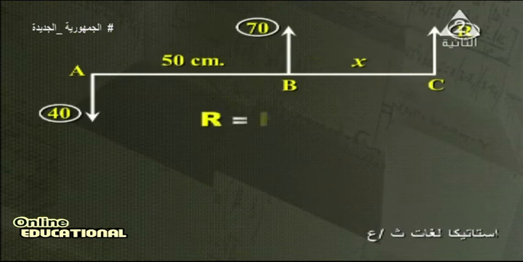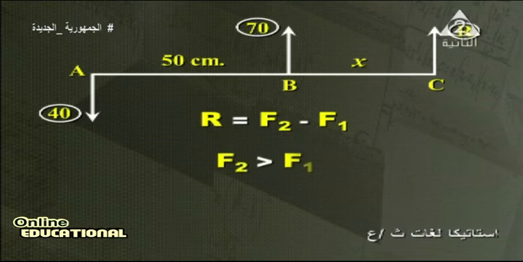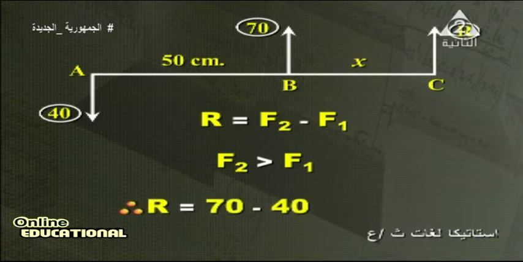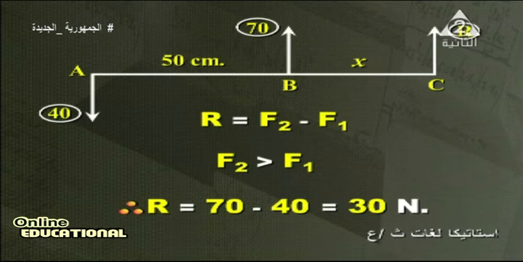The second requirement: R equals F2 minus F1. Look, my dear student, R is in the direction of the biggest force, 70. Therefore, we know that F2 is more than F1. Then R equals 70 minus 40, which equals 30 Newton.